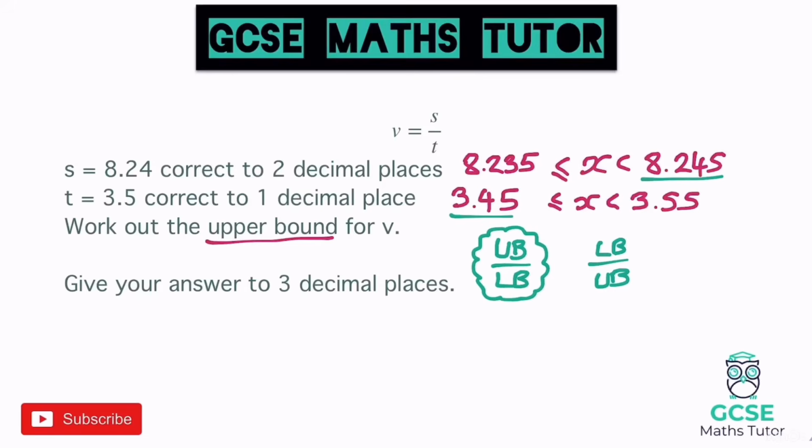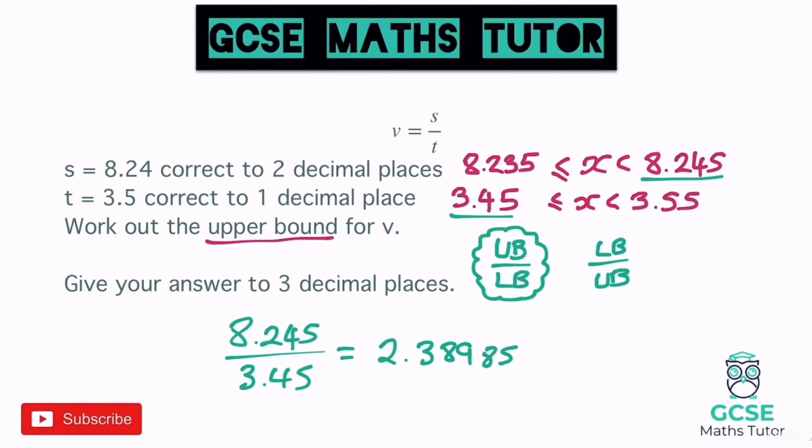So this is a calculator question. So we just need to type that in on the calculator, 8.245 divided by 3.45, and see what we get as our answer there. So if we type that in, 8.245 divided by 3.45, and we get the answer. It's quite a lot of decimals here, 2.3898557.